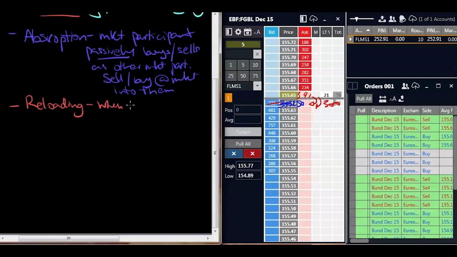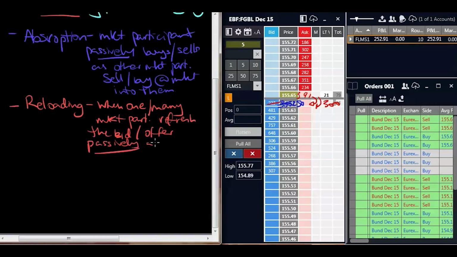So when one, it doesn't necessarily have to be many, but one or many market participants refresh the bid or offer passively as other market participants sell or buy at market into them.